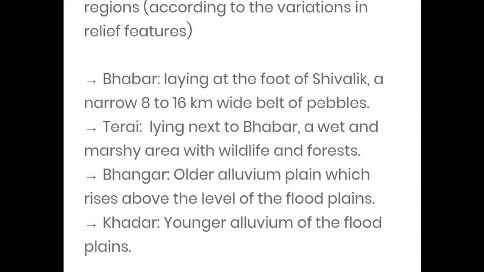It is a narrow belt of pebbles, 8 kilometers to 16 kilometers wide, which means a larger part is covered with pebbles, and it is lying at the foothills of the Shivaliks.